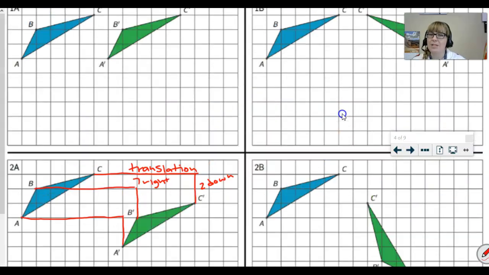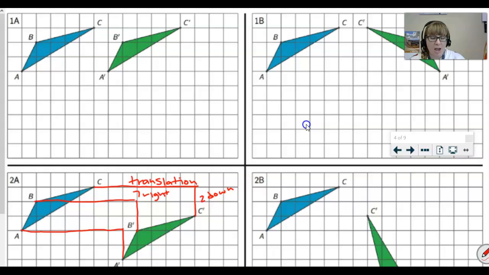When I described 1B to you, I started by letting you know that it was a reflection. And so that's when you remember that reflections are mirror images. You remember that a reflection flips over a line. So that already helped you understand what that image is going to look like. And now we can describe where the line of reflection is.